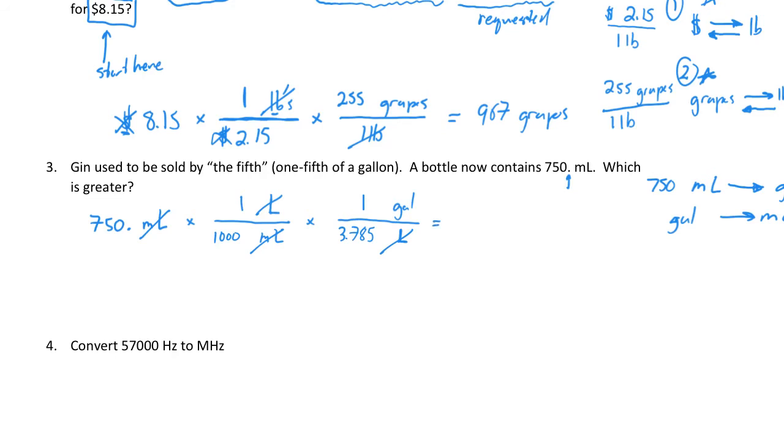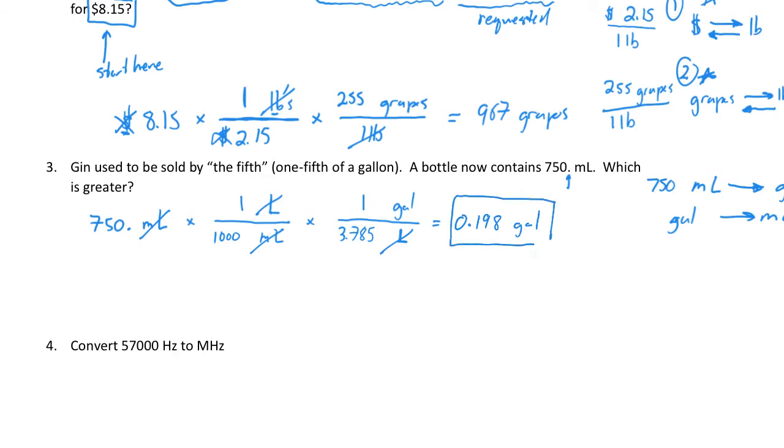So we have 750 divided by 1,000, hit equals, and then we're going to divide by 3.785. If we're expressing this to 3 significant figures, we should write this down as 0.198 gallons.